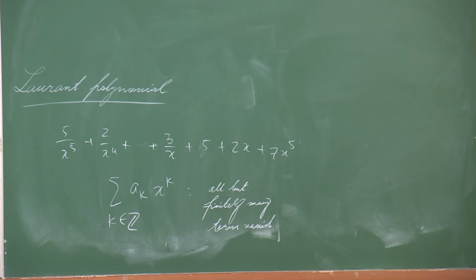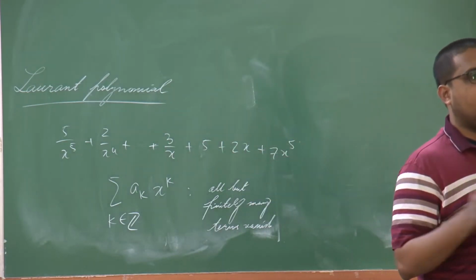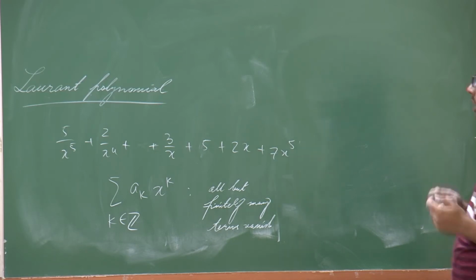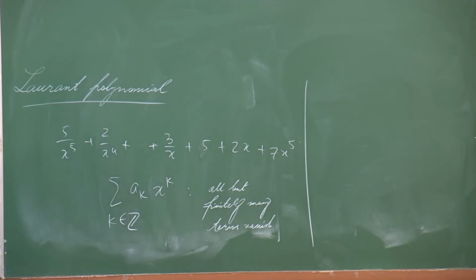Remember, here it could be negative. Then we multiply the coefficients, and corresponding to the same monomial we club together all the coefficients. It is done in the very usual way, and I leave it to you to check that this indeed forms a ring with respect to this addition and multiplication.